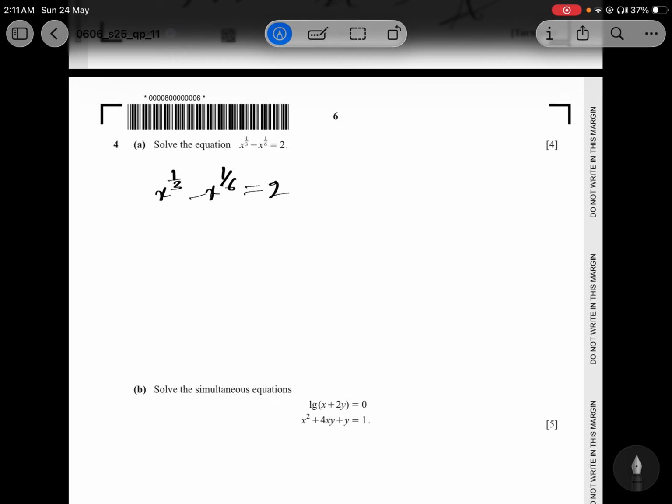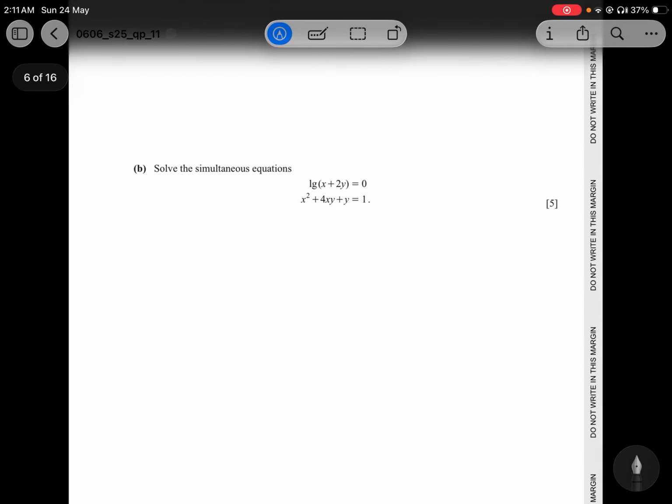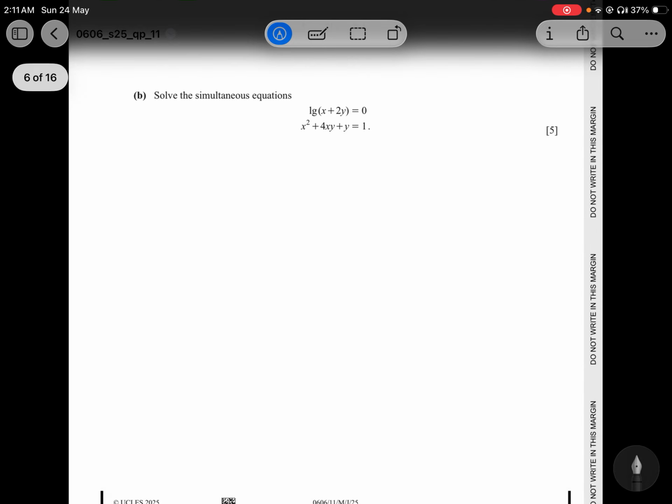I can take a cube type of thing if I want to actually. Okay, I'll get back to it later. Solve the simultaneous equation with logs, this and this. I'll give my attempt later.